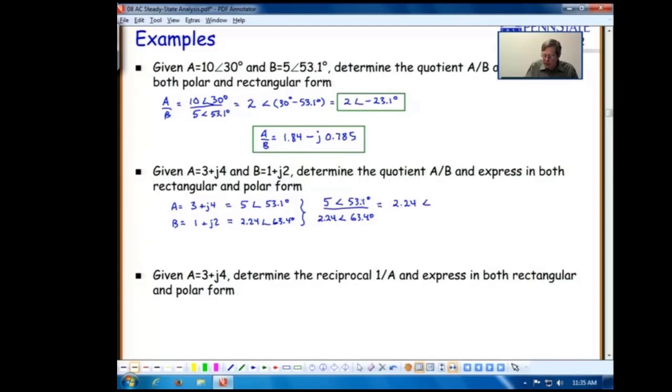And we subtract the angles. 53.1 degrees minus 63.4 degrees equals negative 10.3 degrees. So this is our result in polar form. If we convert that to rectangular form, we get 2.2 minus j0.4.